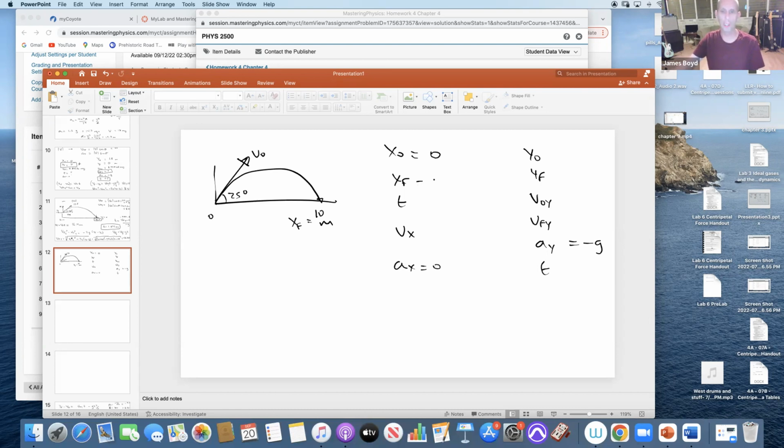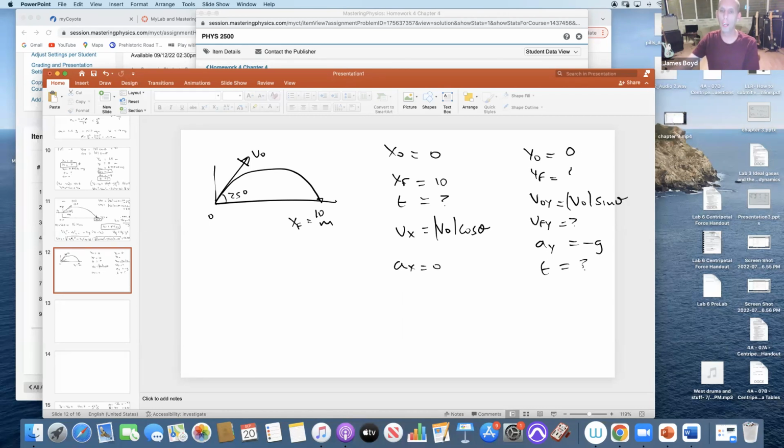We start from 0. x final is 10. We don't know what t is. v initial of x, or v of x, is just v naught cos theta. v initial of y is v naught sine theta. And we don't know what those are yet. We don't need to know quite yet.